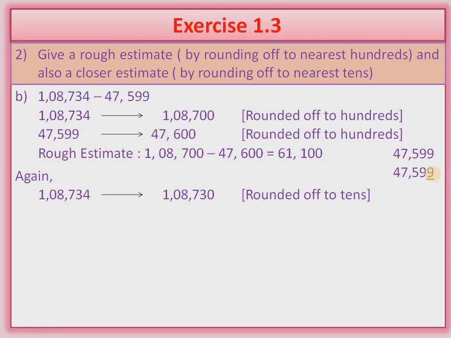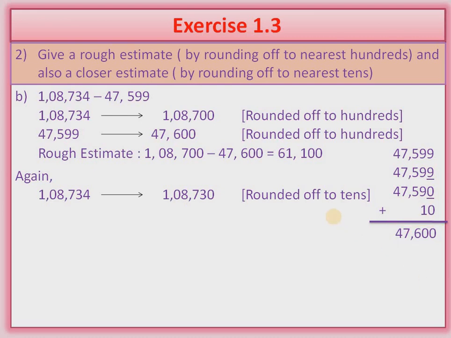In between 6 to 9. Okay, so we will add plus 10 only. So what is the answer? The answer should be 47,600 only. Clear what I am telling you?